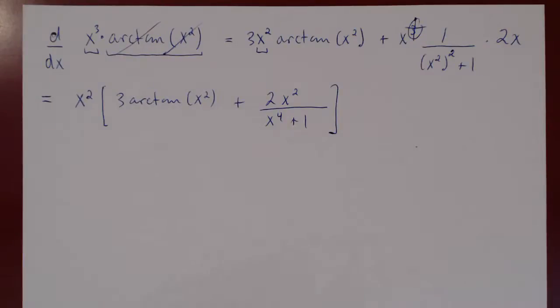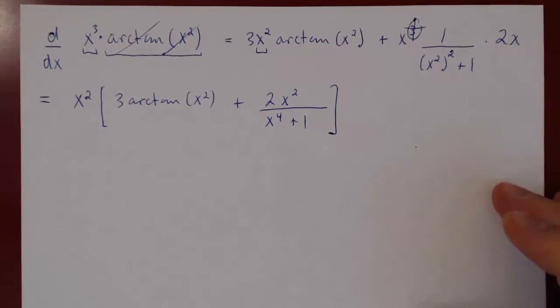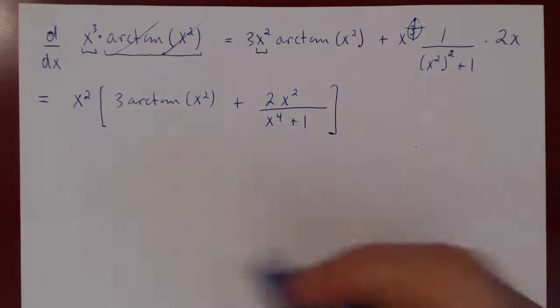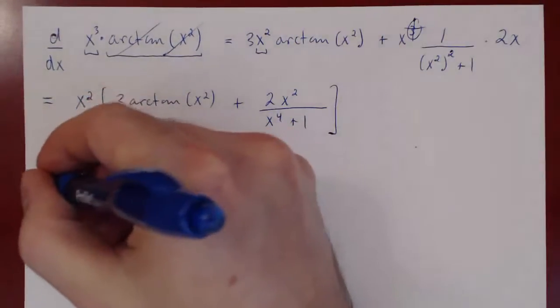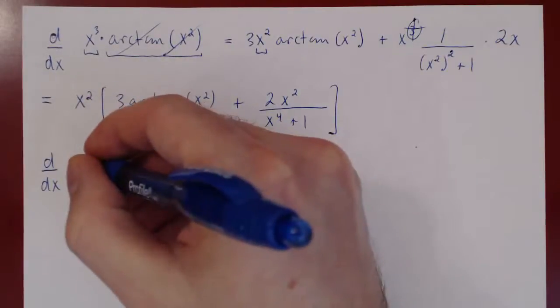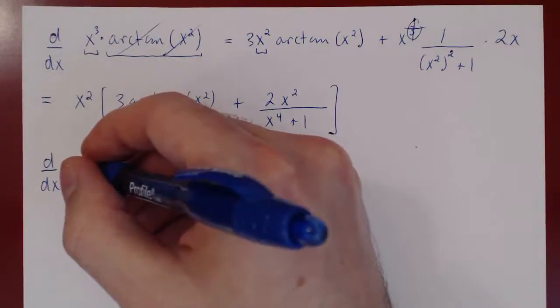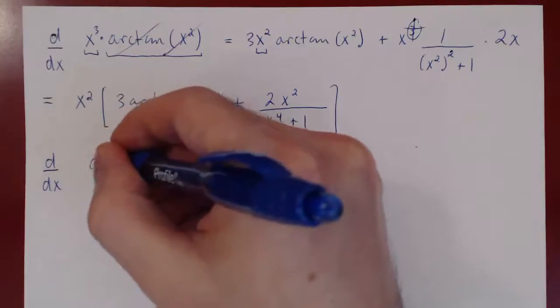And if you have, of course, a quotient, you use the quotient rule. Suppose we have the derivative, let's throw in an arcsecant. Let's go with arcsecant of x over x.